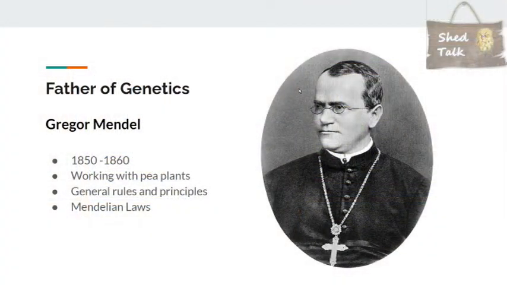Before we begin to discuss predicting recessive and dominant genes, I just wanted to mention someone that's often considered to be the father of genetics, and that's Gregor Mendel. He did loads of work over about a decade in the 1850s to the 1860s, where he studied the interaction between various genes. One of the things that he used was the pea plant, and he looked at colour of flowers and the various shapes of the pea pods.